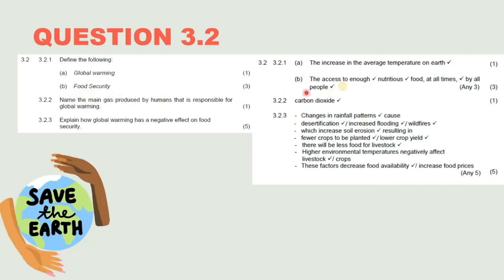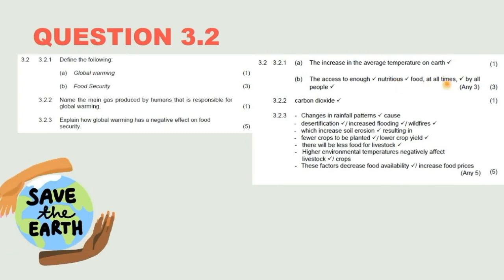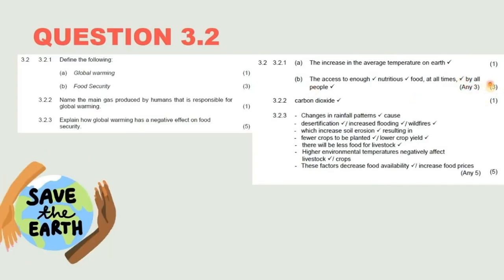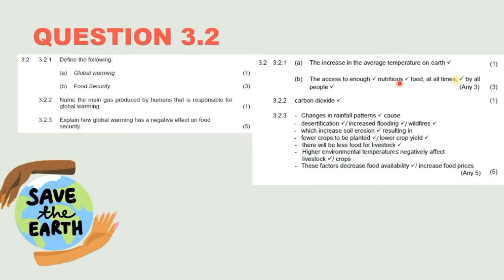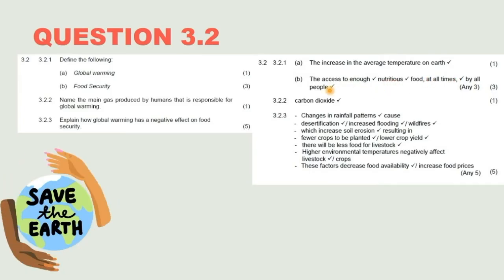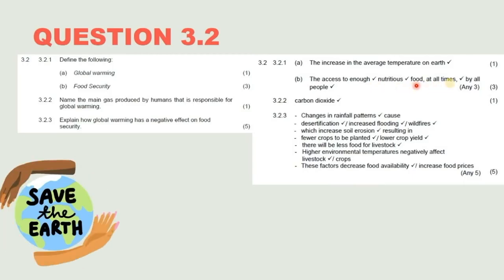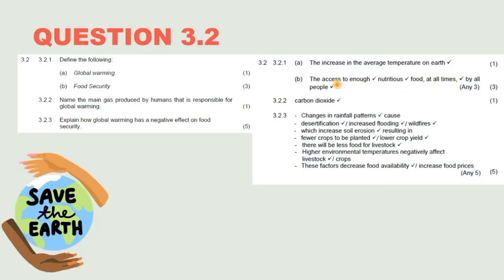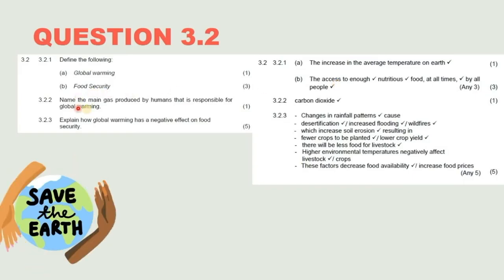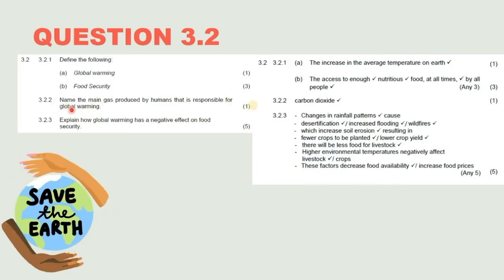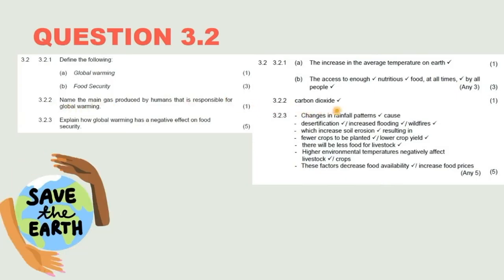Then food security is the access to enough nutritious food at all times by all people. This definition counts quite a lot of marks. We have 3, and there are 4 possible places that you can be allocated the mark. It's enough food, it must be nutritious, and there must be food at all times for all people. Then name the main gas produced by humans that is responsible for global warming. That is carbon dioxide.